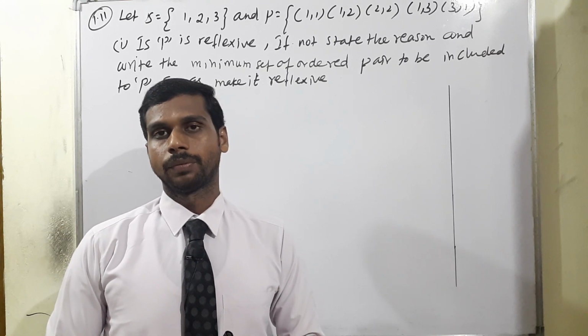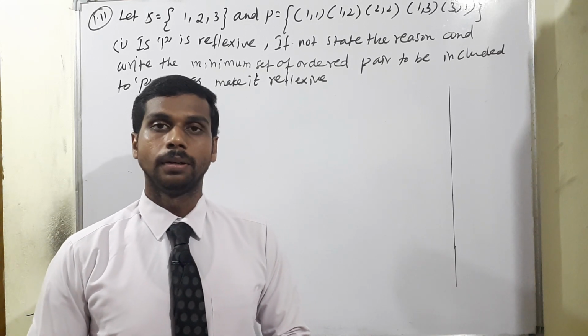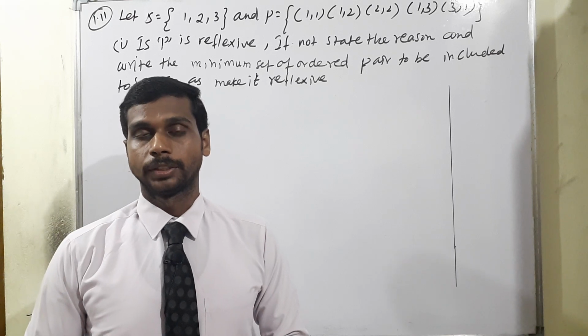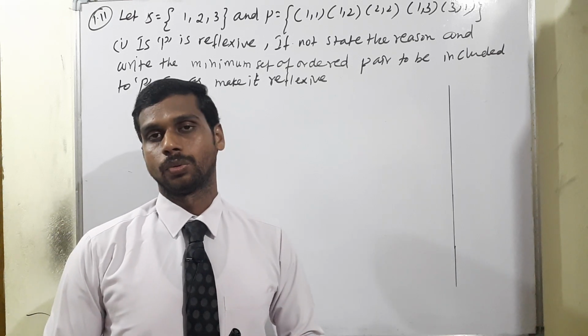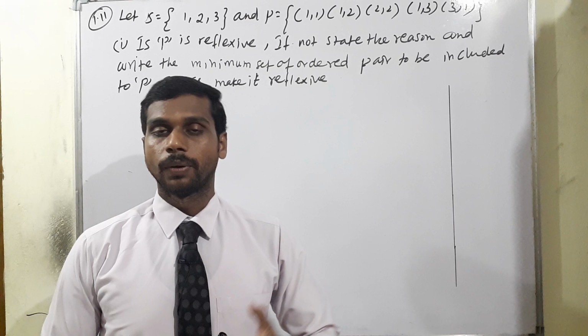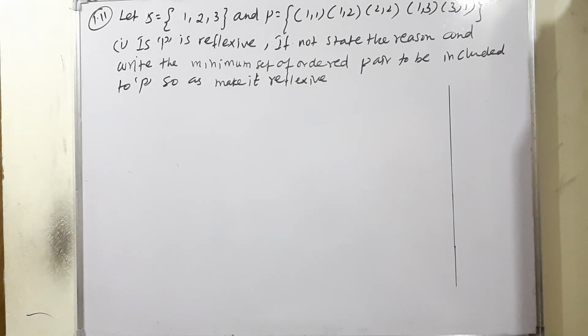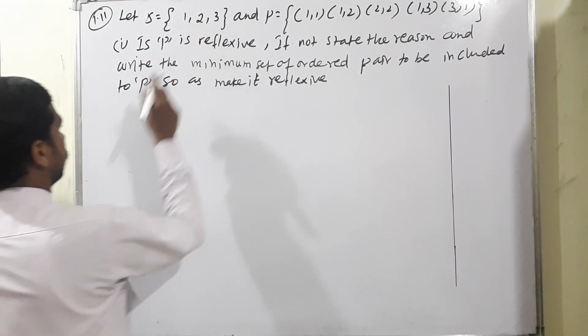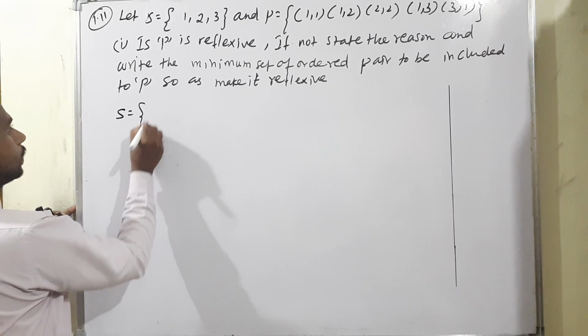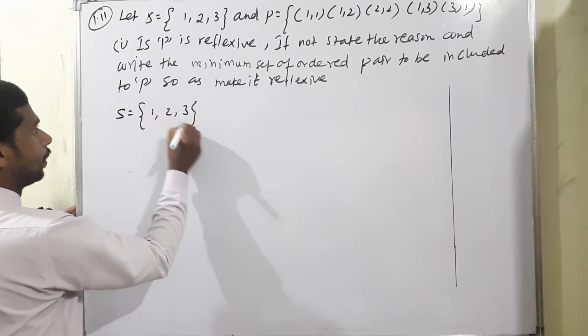In this conversation, we are going to continue the examples from chapter number 1, especially concept 2. What is the name of concept 2? Equivalence relation. So, example 1.11: let S be equal to {1, 2, 3}.